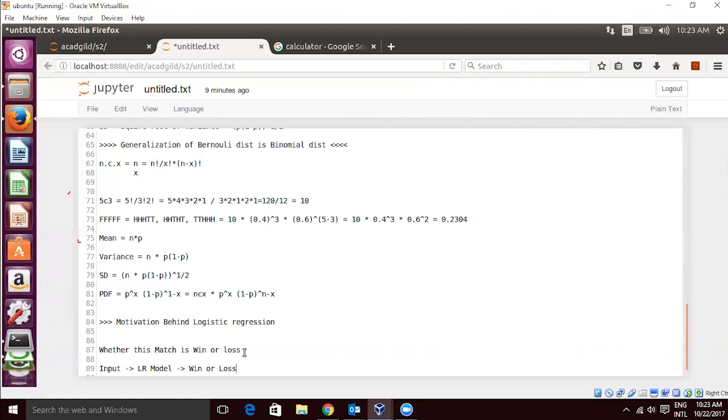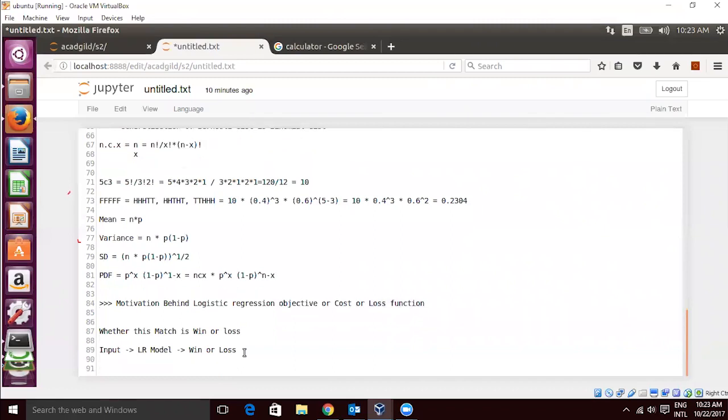As of now, I'm not going to discuss anything about logistic regression other than one concept: the motivation behind the logistic classification objective function, or cost or loss function. I think you can use the term loss function, that would be easy.